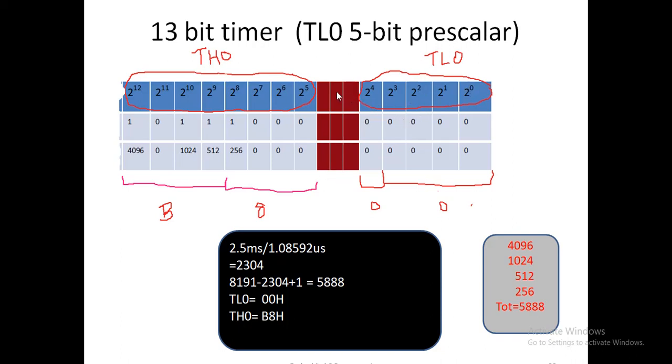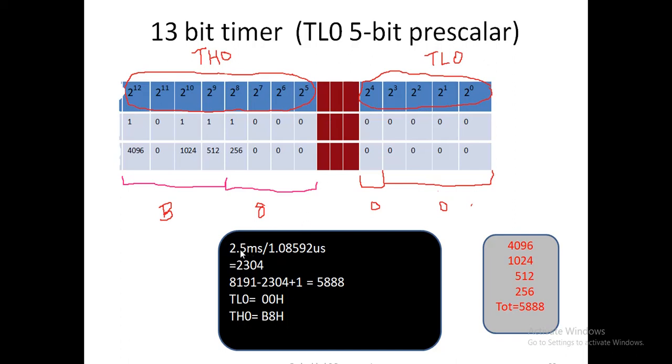The 6th, 7th and 8th bits I am not going to use, so we can call it a prescaler. In TH0 I am using all the bits: 1, 2, 3, 4, 5, 6, 7, 8 bits. In TL0 I am using 5 bits, 1 2 3 4 5, so 8 plus 5 is 13 bits. So TL0 is a 5-bit prescaler. I am not going to use these 3 bits.